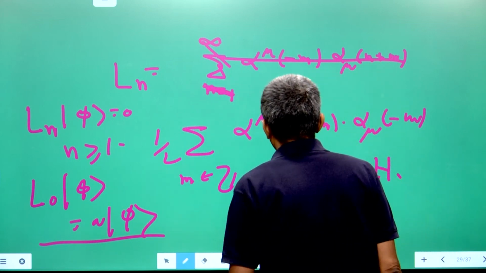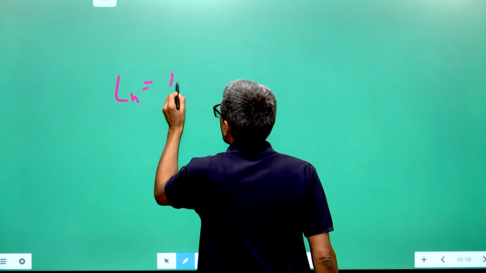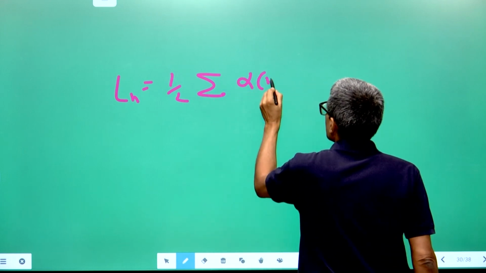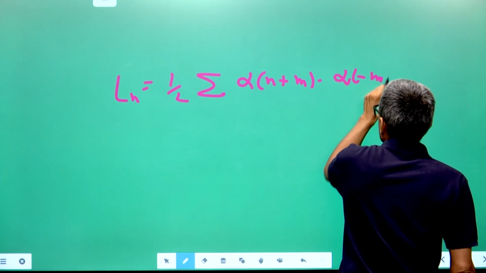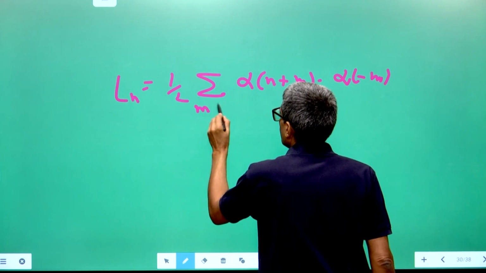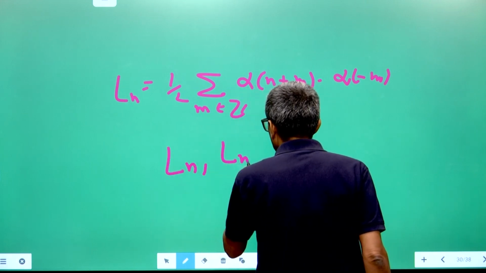You can also write your ln as half the summation of alpha n plus m dot alpha minus m, where the dot means with respect to the metric eta mu nu of d-dimensional space-time, m varying over all Z. Then you compute the commutation relations between ln and lm.